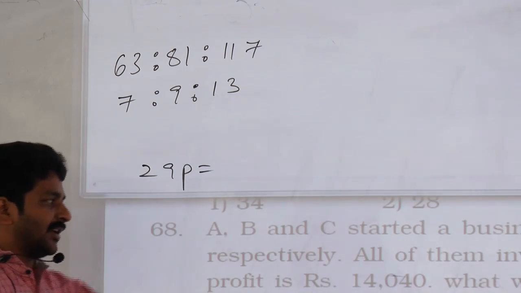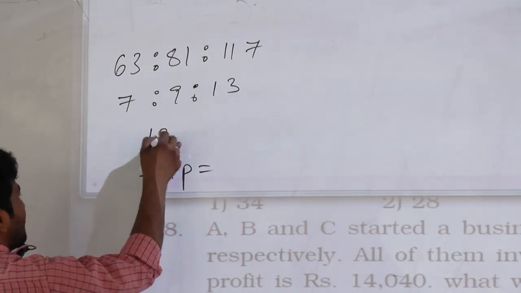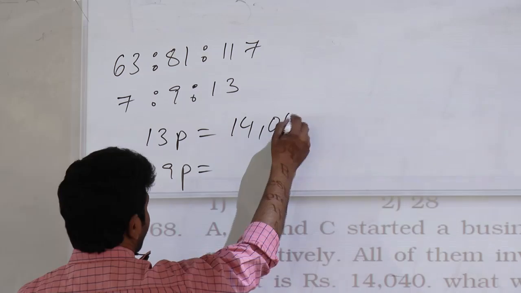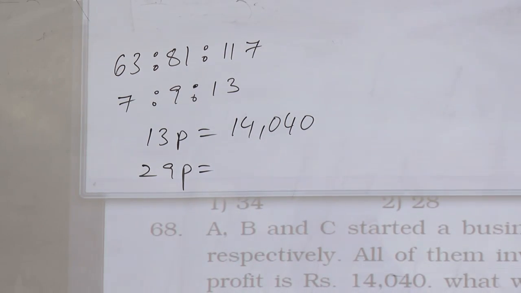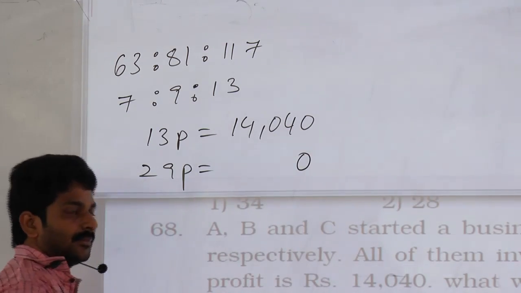And what is given here? 14,040 is C's share. C is getting 13 parts. 13 parts is given as 14,040. 29 parts is equal to how much? Forget about the last digit. As you have 0, you will also get 0 here.